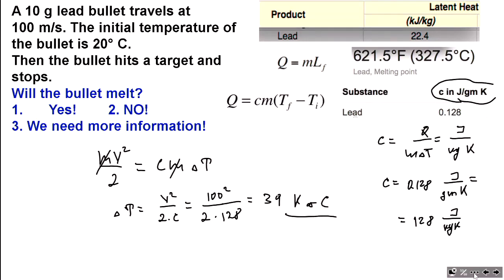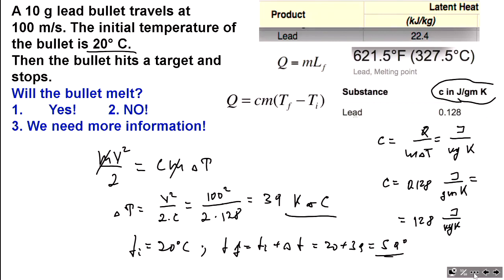How do I choose what I want to use? That depends on the initial value. The initial temperature is given in Celsius, so I prefer using temperature change in Celsius as well. So final will be equal to initial plus change, which is 20 plus 39, 59 degrees.